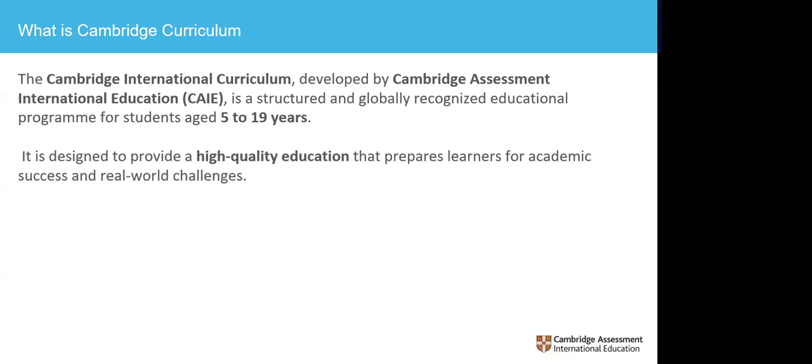So we expect that any child that goes through this kind of curriculum is well prepared to meet and solve problems within society, because it is very rich in content, it is very rich in generic skills, or what we call the 21st century skills, and it is very practical, so that any child or any teacher that teaches this curriculum cannot remain the same.